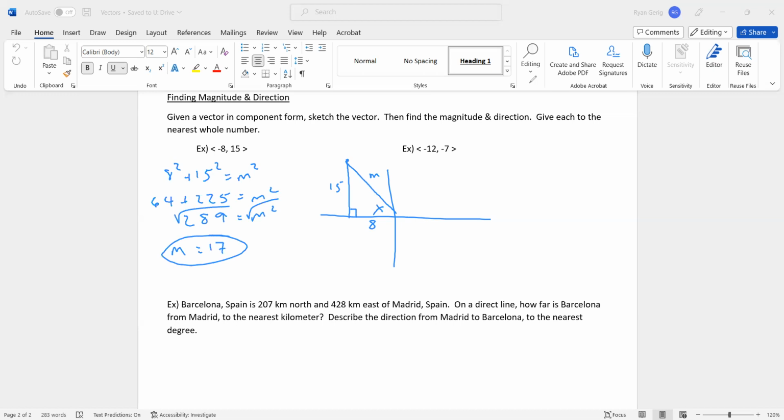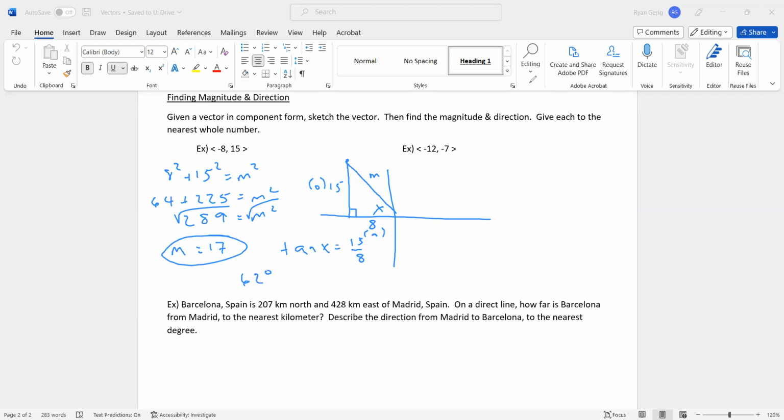The direction, got to go back to using trig. With that angle there that I'm looking at, I have the opposite and I have the adjacent. So I'm using tangent here. So the tangent of x equals 15 over 8. Inverse tangent of 15 divided by 8 gives me 61.9, so 62 degrees.